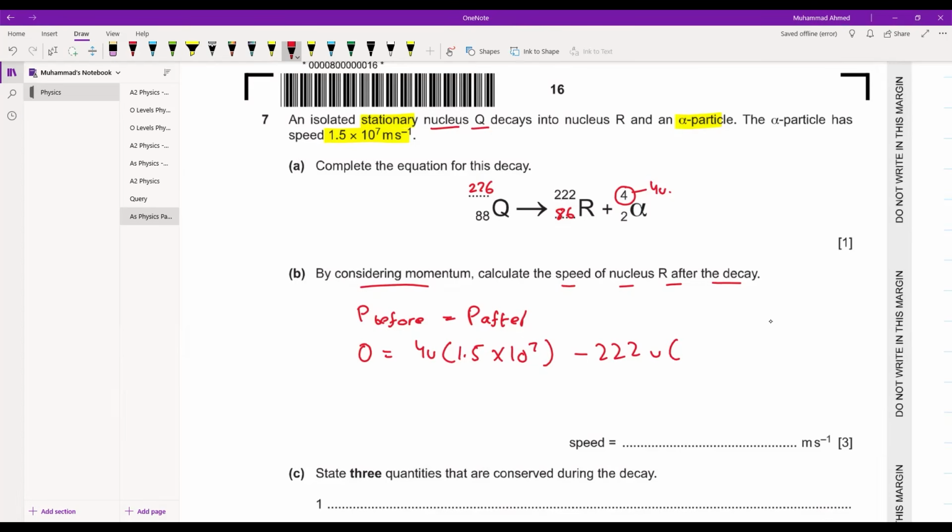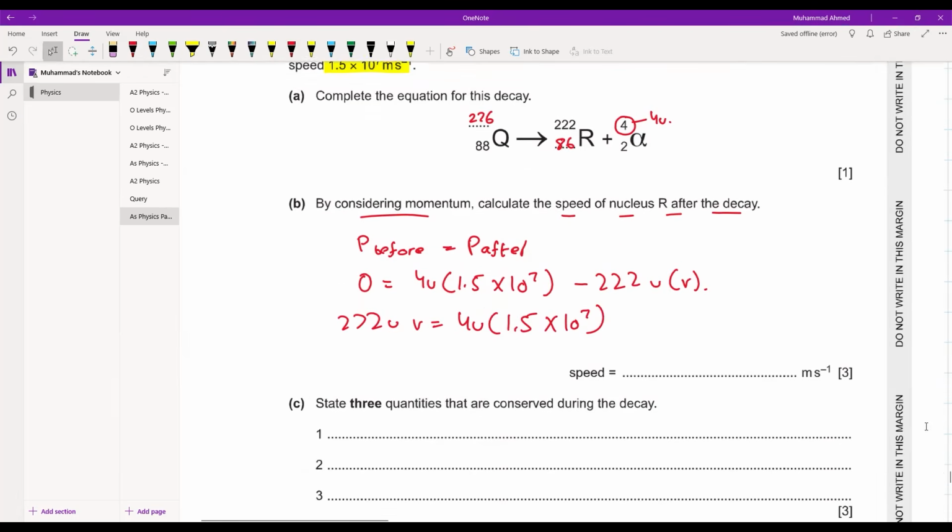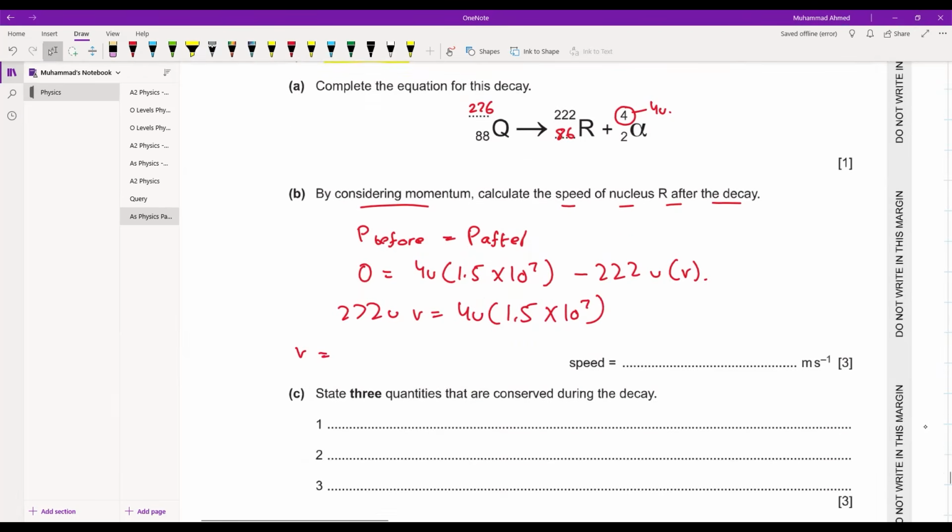Let's take it to the other side. 2U multiplied by velocity is equal to 4U multiplied by 1.5 into 10 raised to the power of 7. Can you calculate the answer of velocity? Yes. You cancel out. 4 over 2 into 1.5 into 10 raised to the power of 7. What does the velocity of R come out to be? 2.7 into 10 raised to the power of 5.